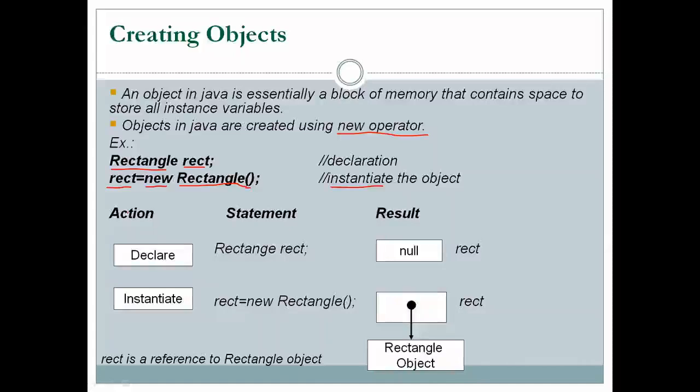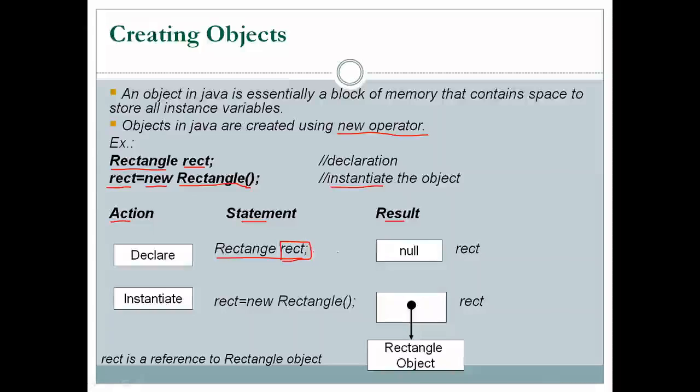The same thing has been demonstrated using a diagram here. We have the action in the first section, then the Java statement, and the result of that statement. The first action is declaration. As we have seen in that example, declaration is Rectangle rect. So we have declared an object of type class Rectangle.